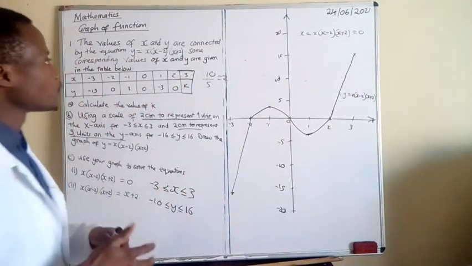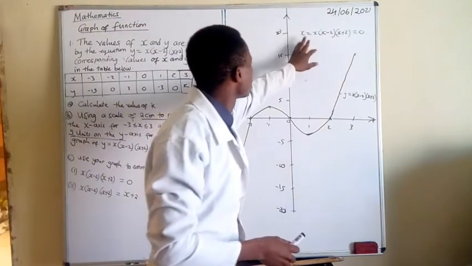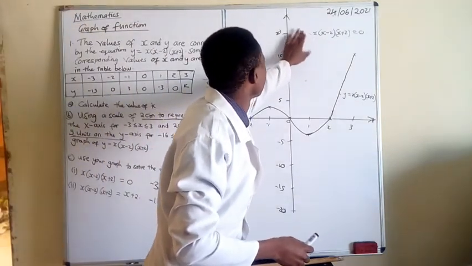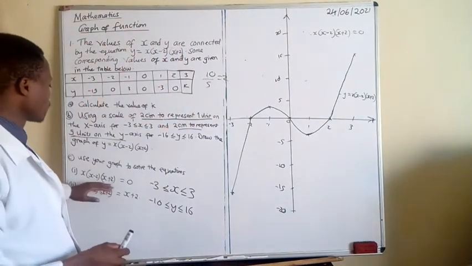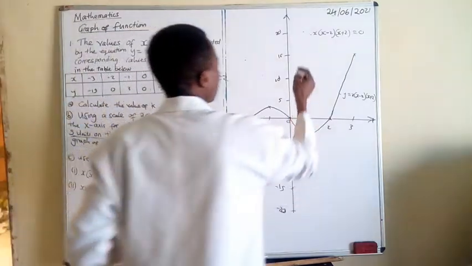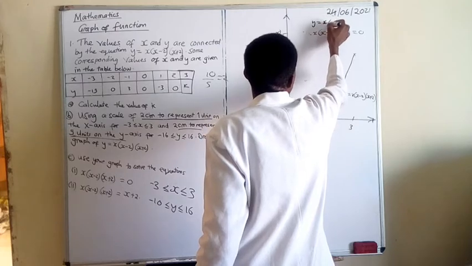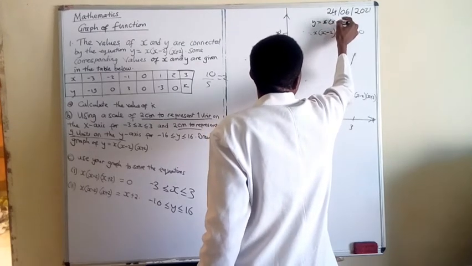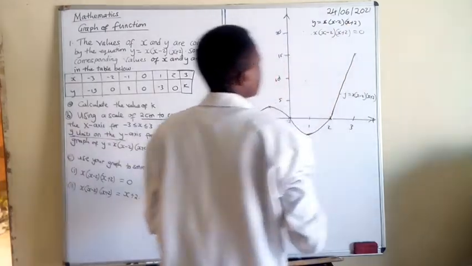So what you need to do first, you compare the equation which you have been told to solve and the equation which you have been given in the question. We want to solve this equation, and the equation given is that one. So you compare, of which we have y = x(x - 2)(x + 2).